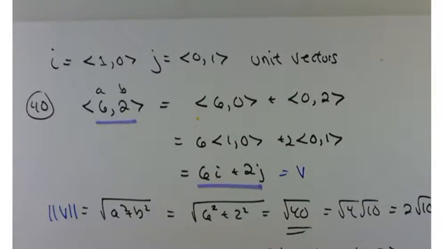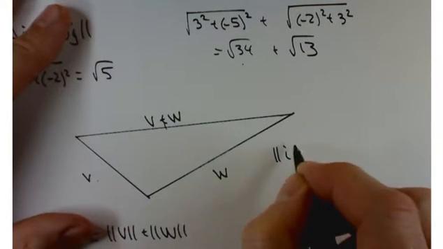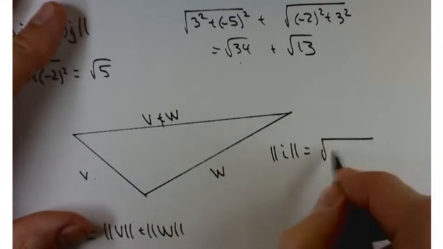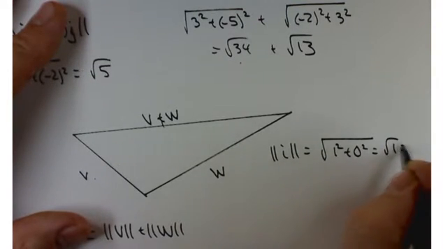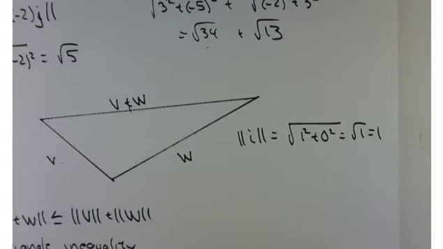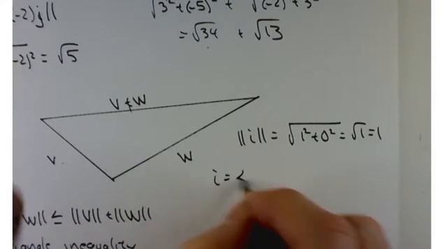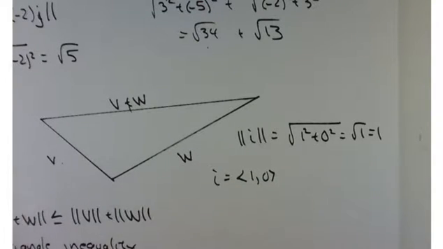If we actually calculate the length of i, the length of i would be the square root of 1 squared plus 0 squared, which is 1. i equals 1, 0. So i and j are, like I said, called unit vectors. Sometimes you want to create a unit vector in a certain direction, and we can do that pretty easily.